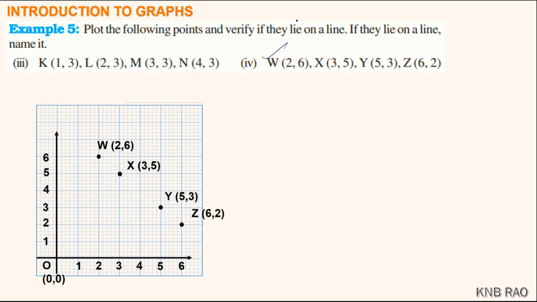Yes, children, we can say. How can we say? Because if you draw a line, that line passes through all 4 points. Therefore, I will answer yes, they are lying on a same line. After that, their name I can say as line WZ, or we can name it with any other name.